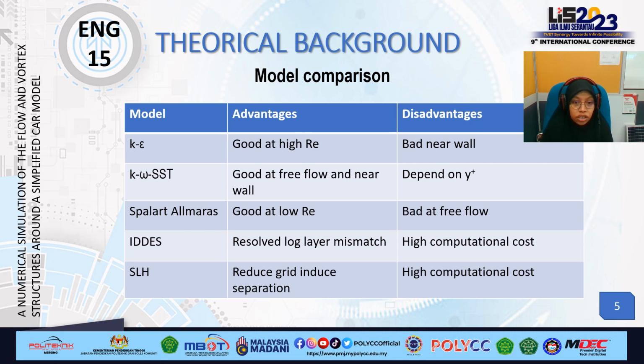Spalart-Allmaras is good at low Re but bad in free flow, and IDDES can resolve the log layer mismatch but uses high computational cost, and SLH reduces the grid-induced separation but also has high computational cost.